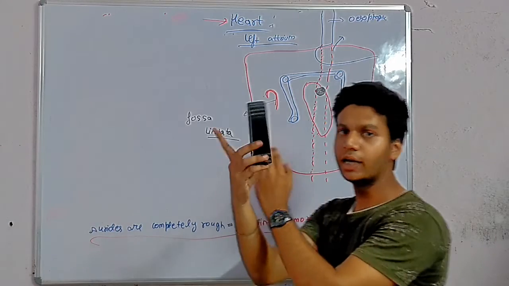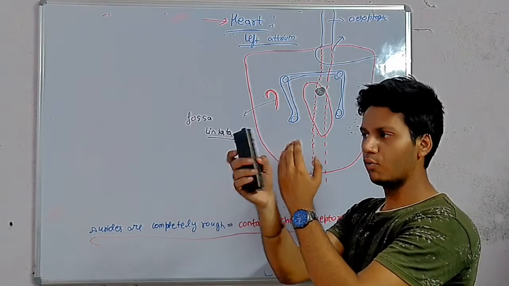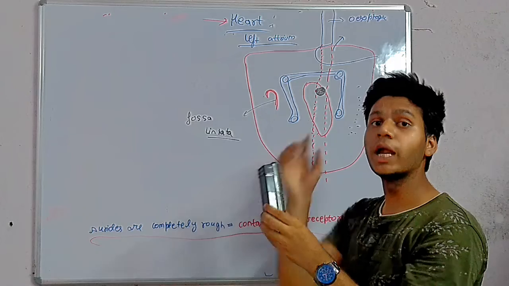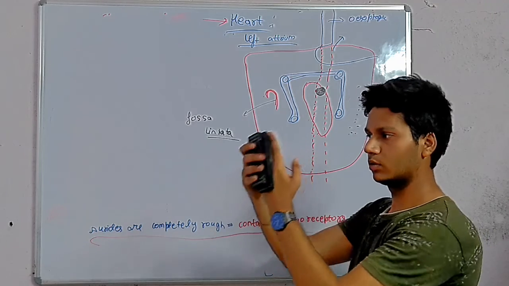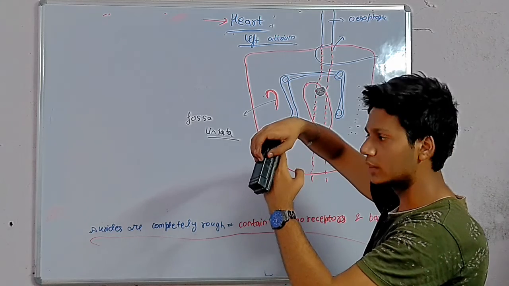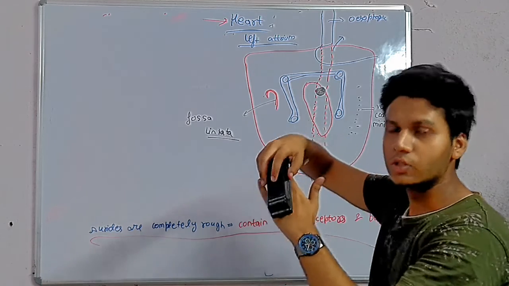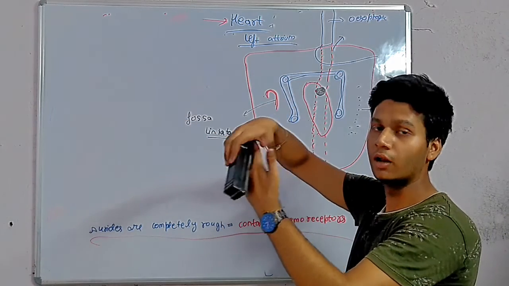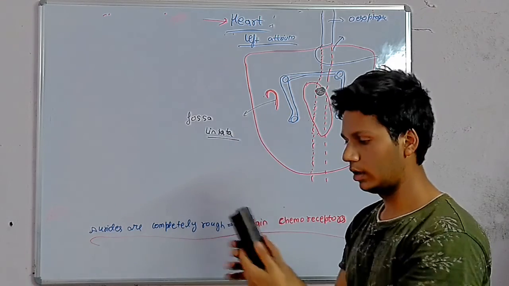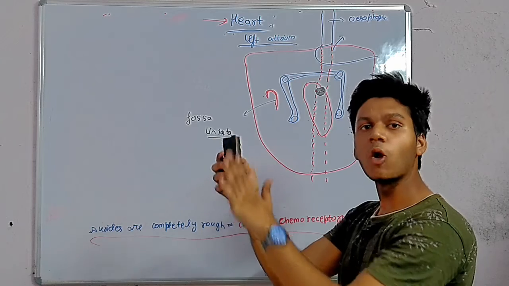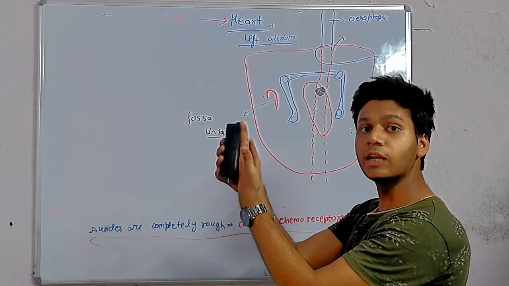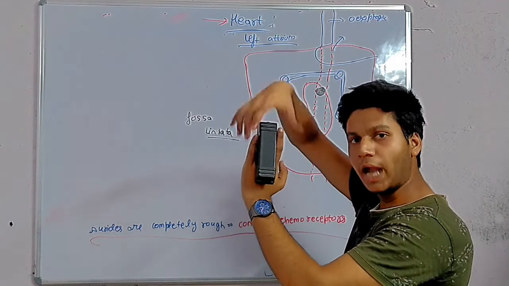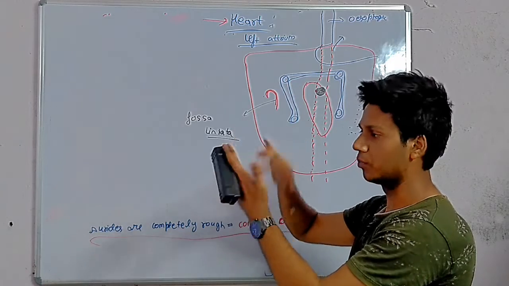Let's say this is the right atrium and this is the left atrium. The right atrium is present anteriorly and the left atrium posteriorly. So the atrioventricular septum is present like this. It is on the posterior wall of the right atrium and the anterior wall of the left atrium. So this connects the two atria like this: anteriorly right atrium, posteriorly left atrium.